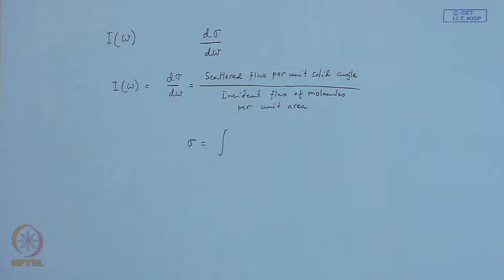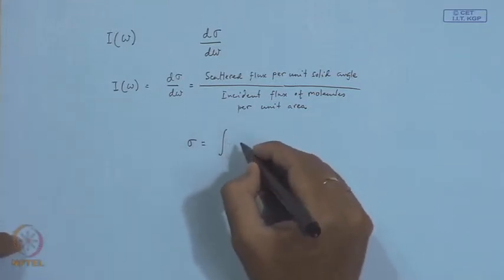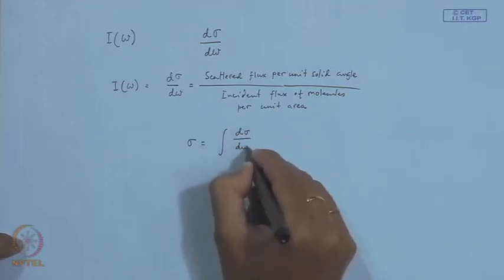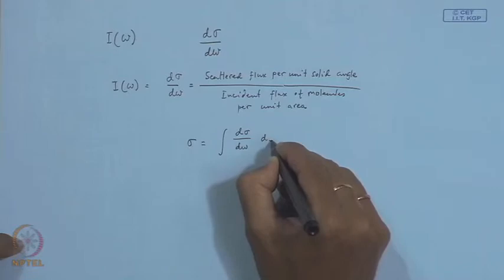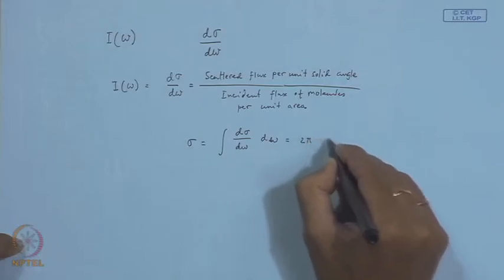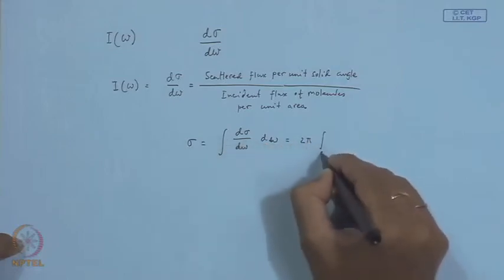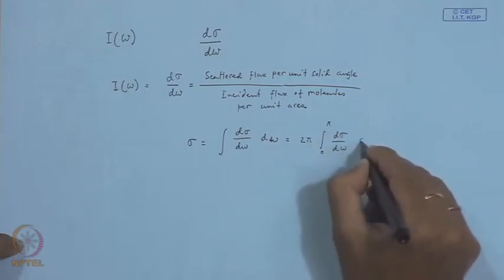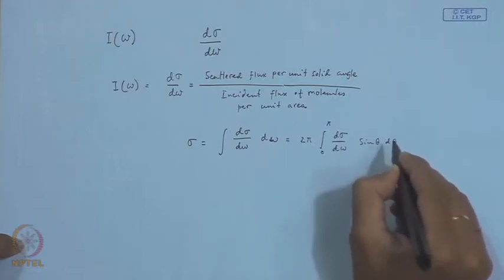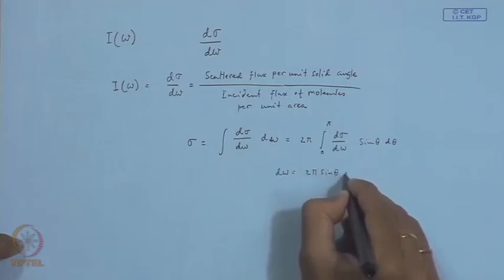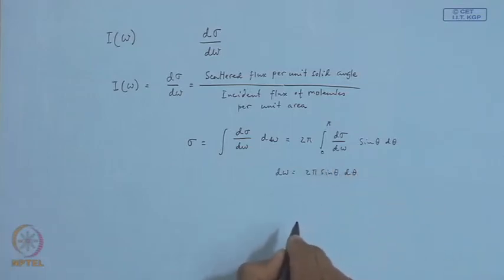So the total cross section can be calculated as 2 pi integral from 0 to pi of d sigma d omega sin theta d theta, where d omega is nothing but 2 pi sin theta d theta. This way you can find it out.